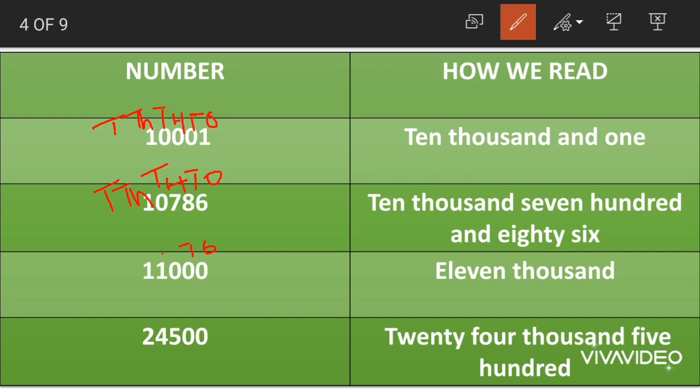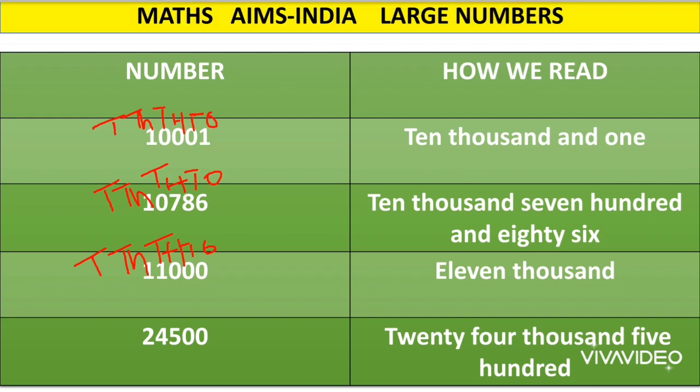Again, let us write the place values: ones, tens, hundreds, thousands and 10,000s. See here, this one is at thousands place. So what will its place value be? The place value will be 1,000. Yes or no children?